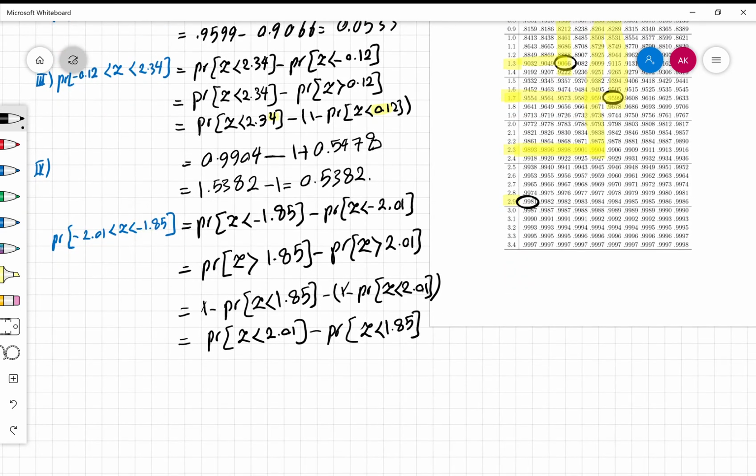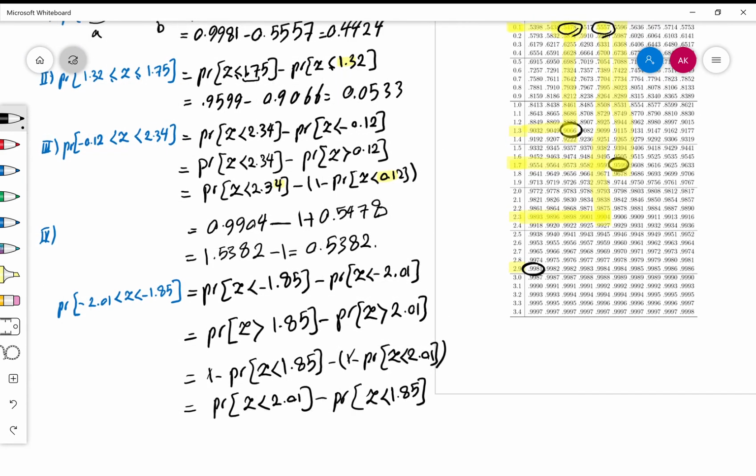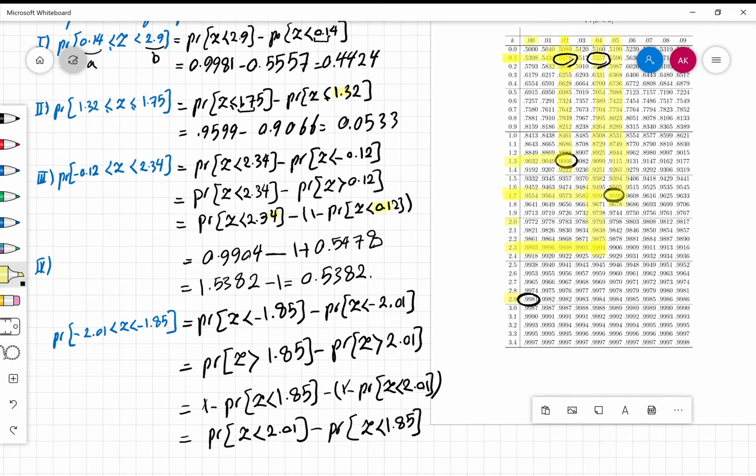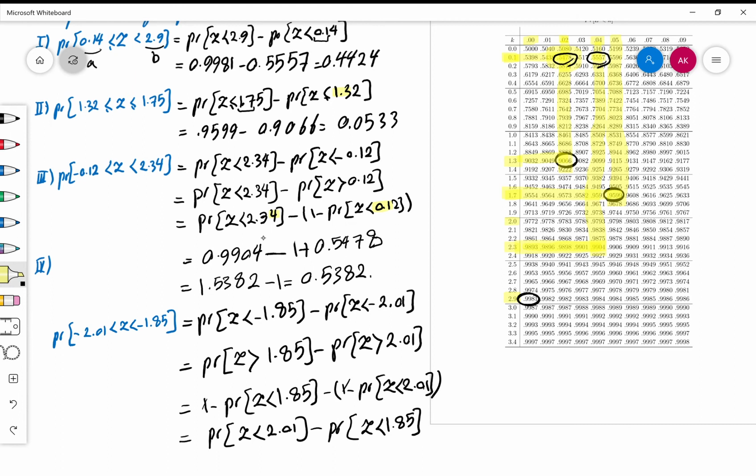Okay, now we have to use this, then find it from the table. 2.0, and then this 1, this is that 1. Okay, so we go from this to this, and then 9778.